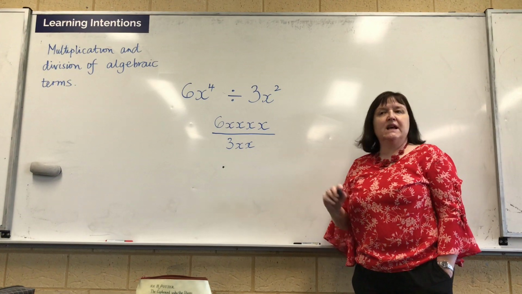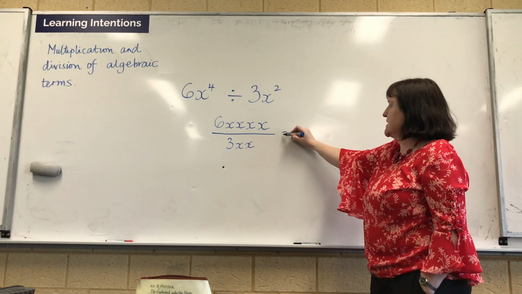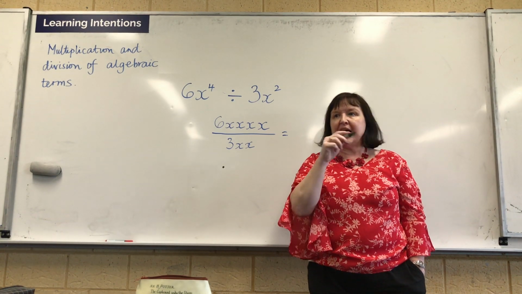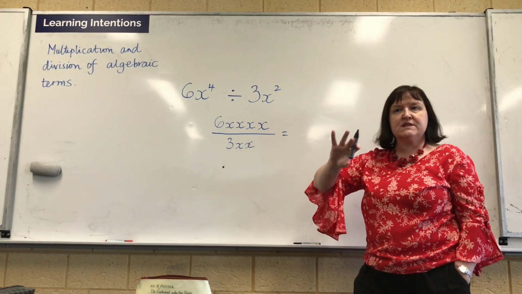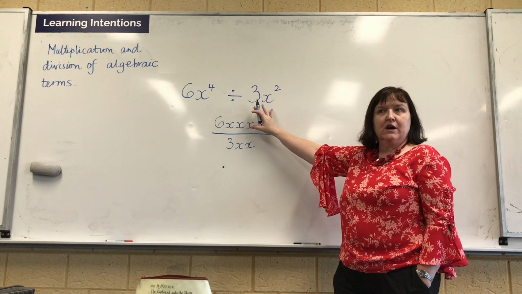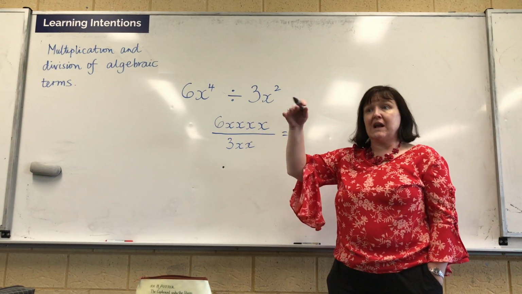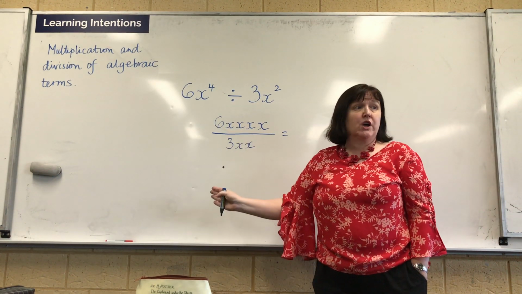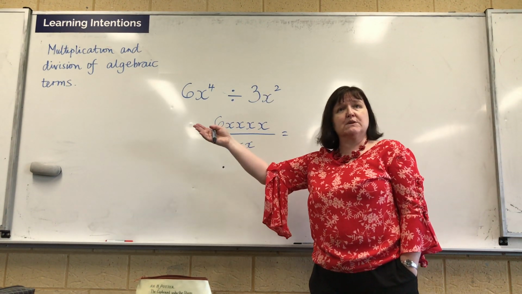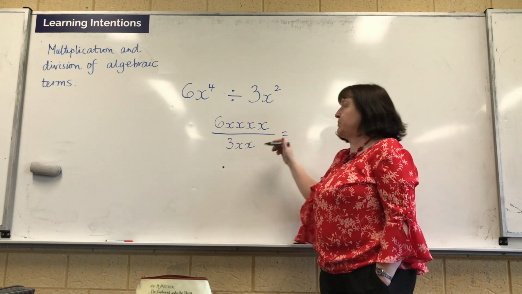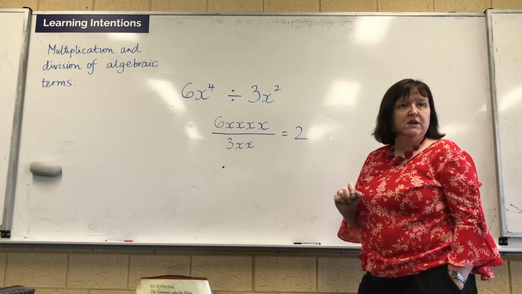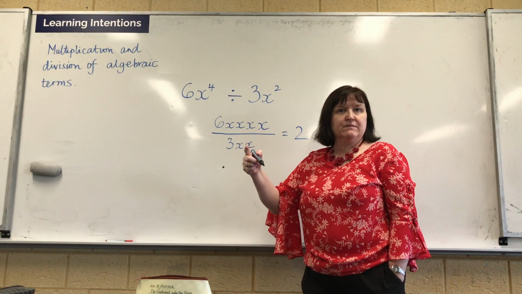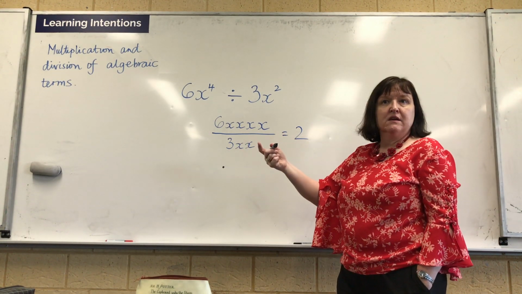Okay. Now the reason it's useful to do this is because you can then see how to cancel the x's. Because remember, if there's something on top of the quotient line and underneath it, you can cancel it if it's the same thing. So I always deal with the coefficients first, like I do with multiplication. So 6 divided by 3 is 2, okay? And now what we can do is we can look at the x's and see how they cancel.